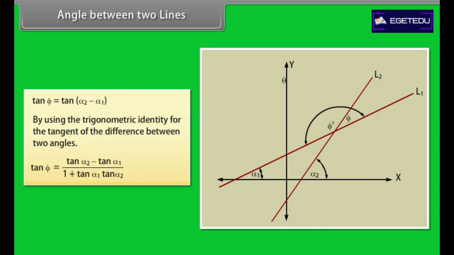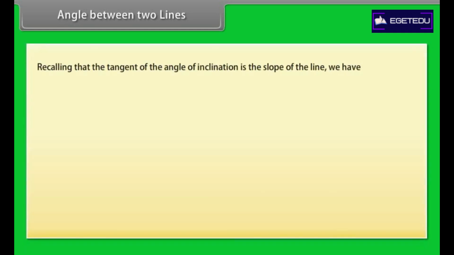Tan phi = (tan alpha 2 - tan alpha 1)/(1 + tan alpha 1 tan alpha 2). Recalling that the tangent of the angle of inclination is the slope of the line, we have tan alpha 1 = m1, that is the slope of L1.